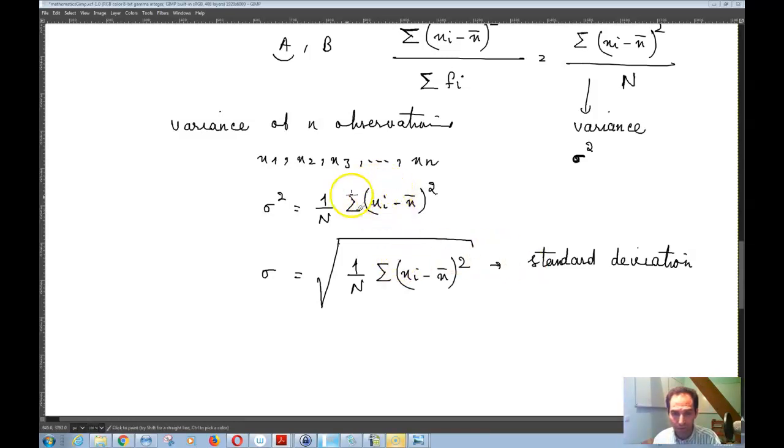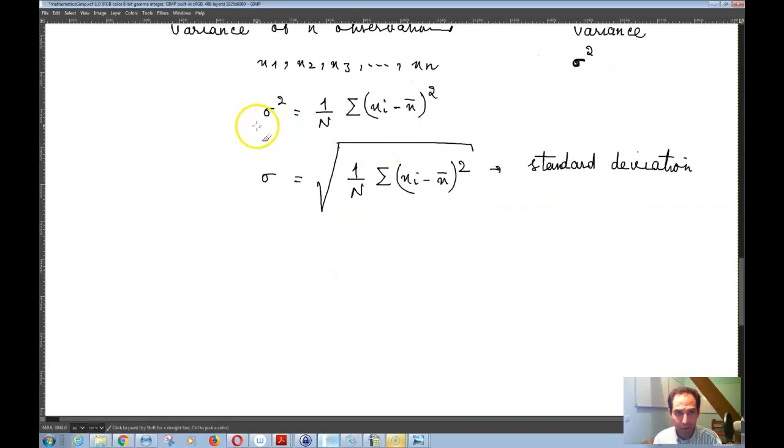Now, of course there is the problem of the frequency of your data, in which case you can write sigma squared equal to 1 over n times sigma of f of I multiplied by x of I minus x bar whole squared, in case there is some frequency for your data.